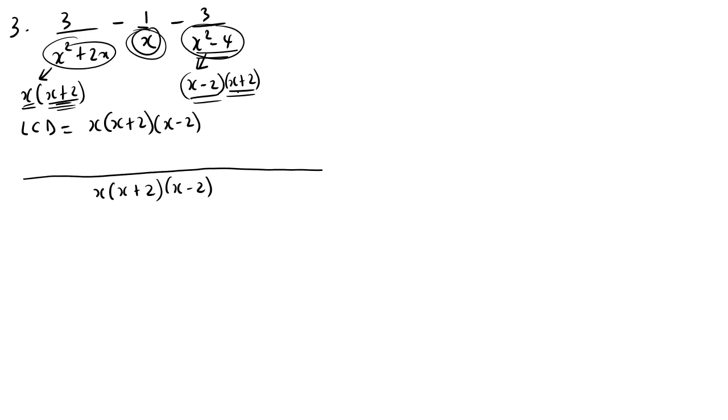So now I'm going to introduce my first number, which is 3 here, and then compare its denominator to the least common denominator. I have x, which checks, and x plus 2 checks. So the only difference is this part here, which is not part of the denominator for the first fraction. So I'm going to introduce that to the numerator. This is what we're doing here.